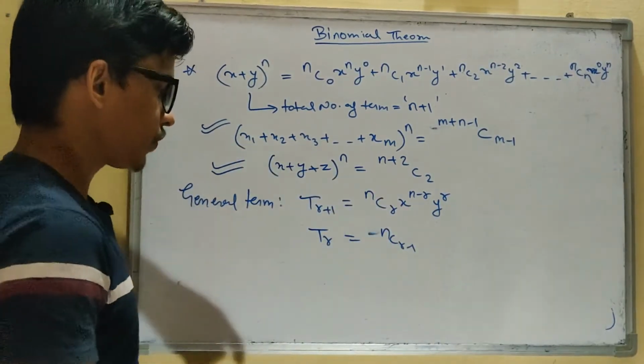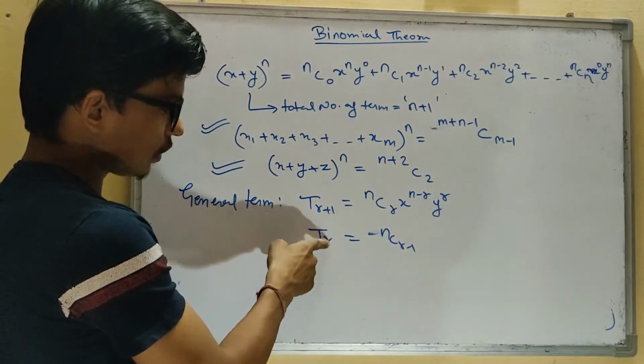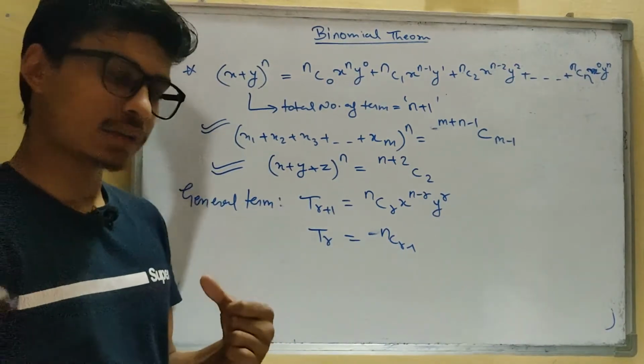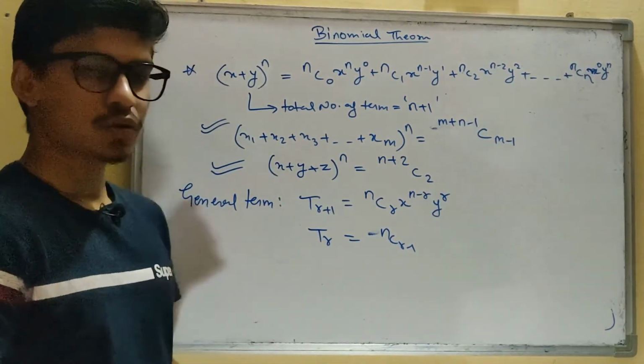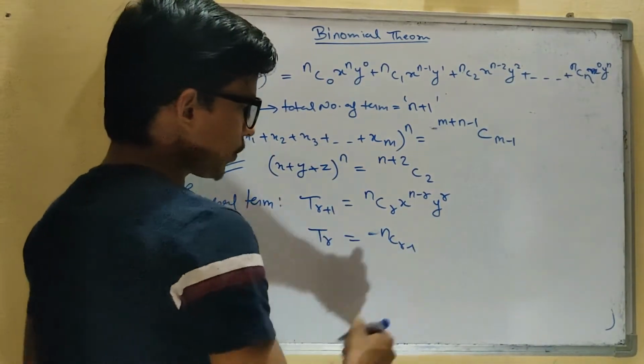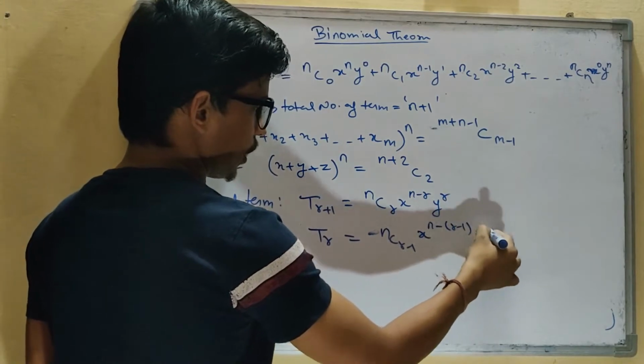So for the first term, r is going to be 1. This is not very familiar to use, so the formula becomes a little bit complex: x to the power n minus r minus 1 and y to the power r minus 1.